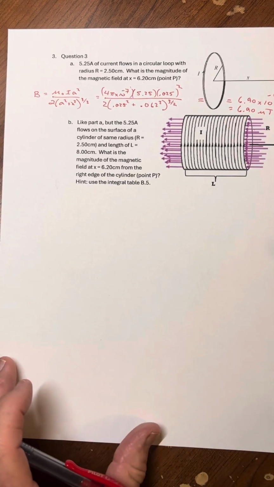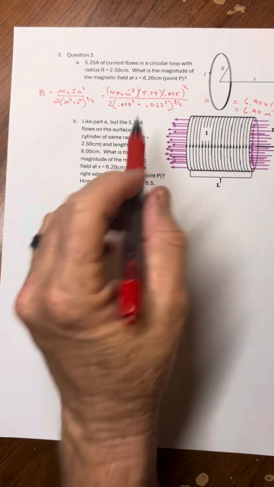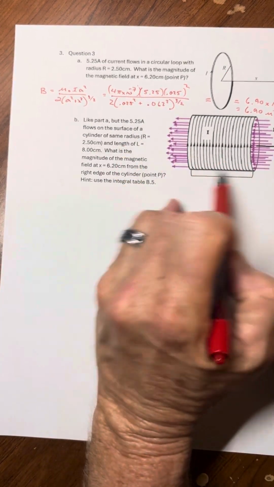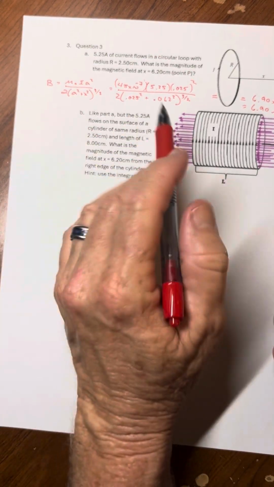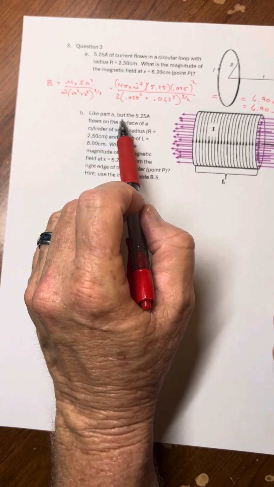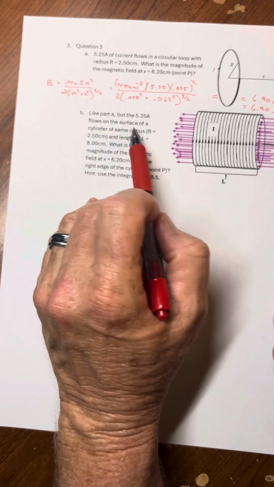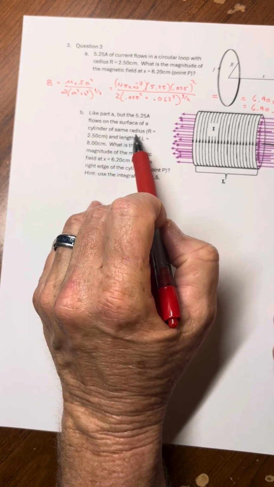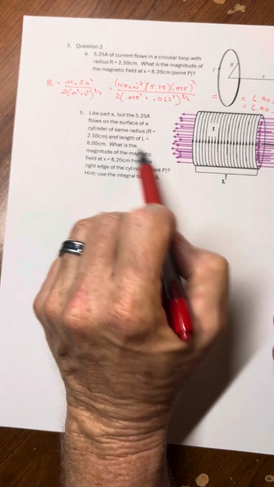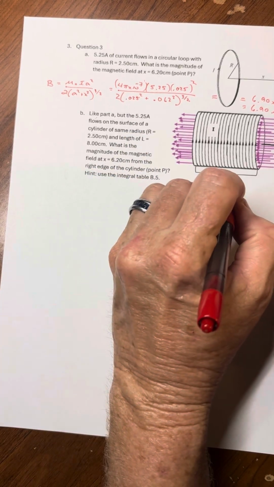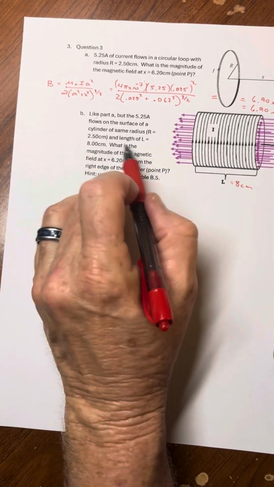Now, 3b is a lot like 2b, where we start with our general information, and now we have to think through it in terms of calculus. So this says, like part A, but now the current flows over the surface of a cylinder. It has the same radius. Now the length of the cylinder, L, is 8 centimeters.